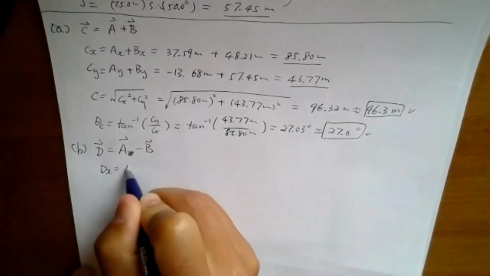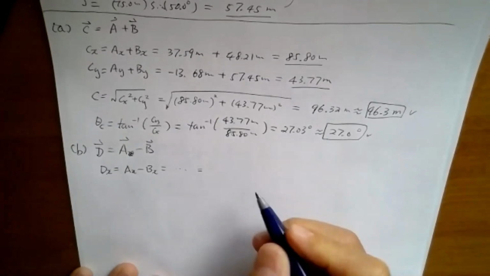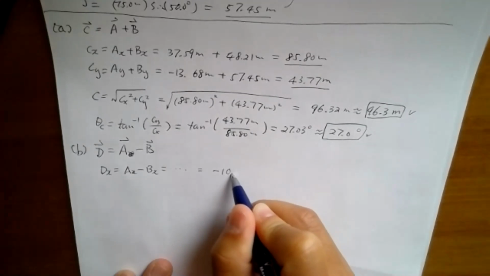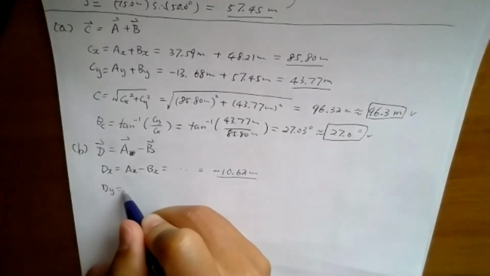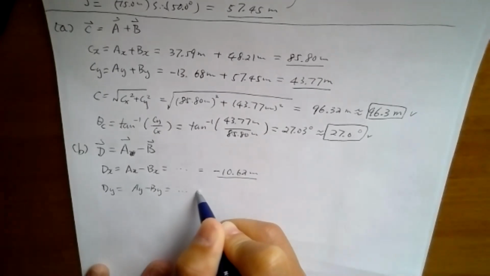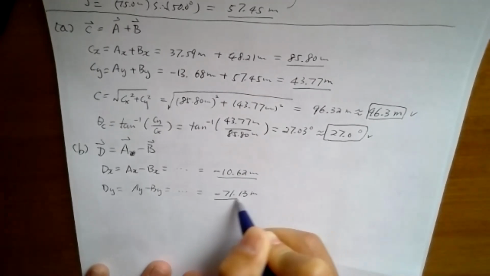So dx will be ax minus bx, okay? And then you plug in the numbers, I will just skip plugging the numbers, you will get minus 10.62 meters on that one, okay? dy is equal to ay minus by. Okay, plug in the numbers, we will get minus 71.13 meters on that one.